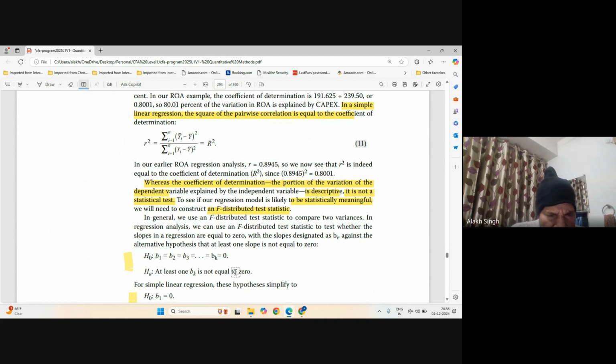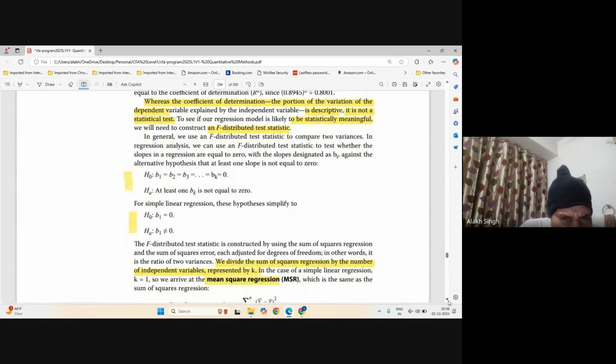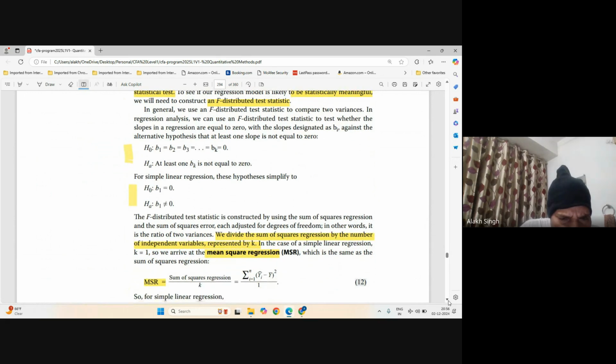Now, what does the F test do? It tests whether all the betas are equal to 0 or at least one beta is not equal to 0. Since there is only one beta, we don't need beta 2, beta 3. So beta 1 is equal to 0.